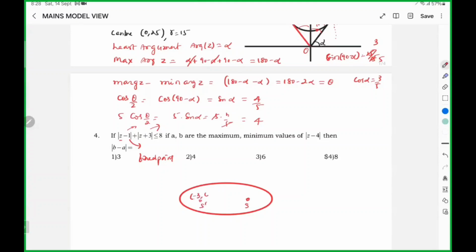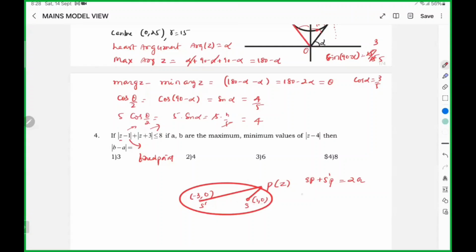One is minus 3, 0. Geometrical property: P is any point on the ellipse. Then you have SP plus S dash P, and here P represents z.